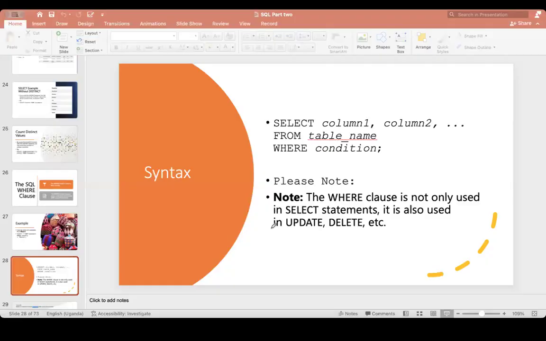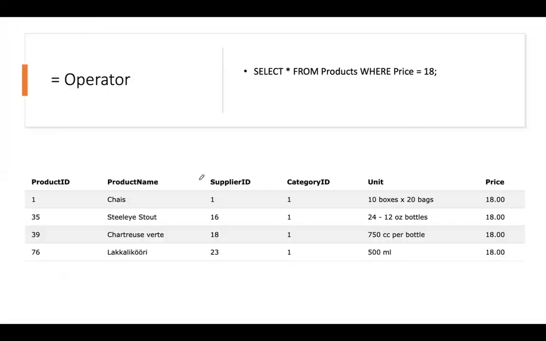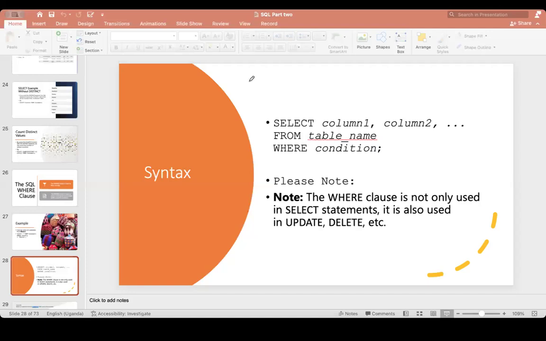This is just an example of the where clause with an operator. Allow me to change this color a bit. So you see select all from products where price equals 18, meaning it is going to return all those products whose price is 18.